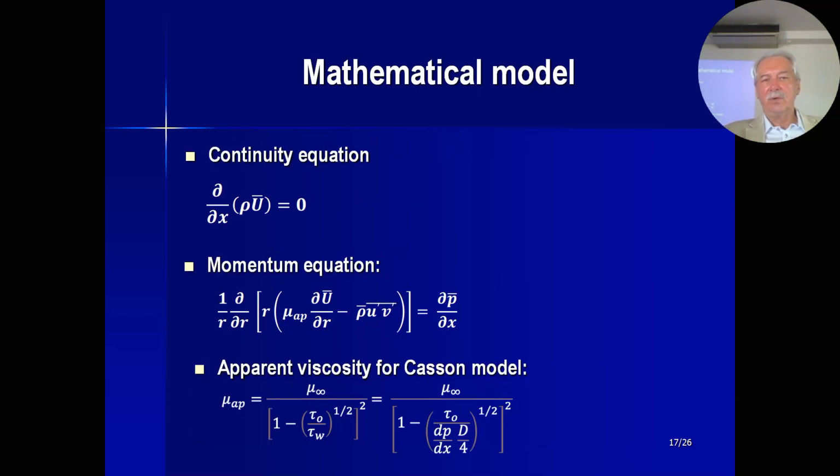Considering mathematical model, we have to start from continuity equation and from the momentum equation. For the physical model defined earlier, the momentum equation is just in this form, as you can see. And also, instead of viscosity, we are using apparent viscosity. This apparent viscosity makes sense in the case when we expect there is yield shear stress.